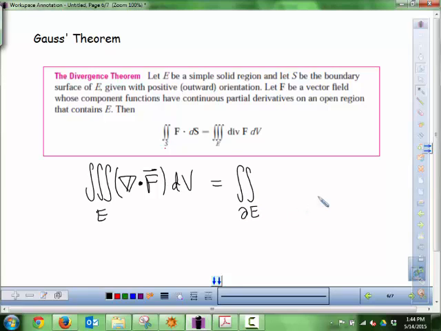So this is essentially a closed surface. When we talk about a closed surface, sometimes people put a circle around the two integrals to say that this is a closed surface with a positive orientation, with an arrow around that circle going counterclockwise, of the original function F dotted dS. So this is a flux integral.